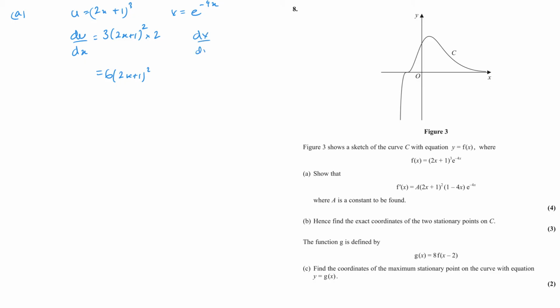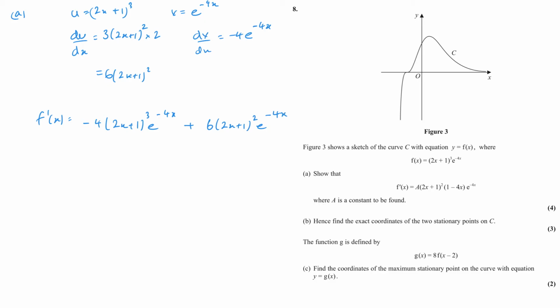And dv by dx is minus 4e to the minus 4x. So it's u times dv by dx, so minus 4 (2x plus 1) cubed e to the minus 4x, plus we get 6 (2x plus 1) squared e to the minus 4x.